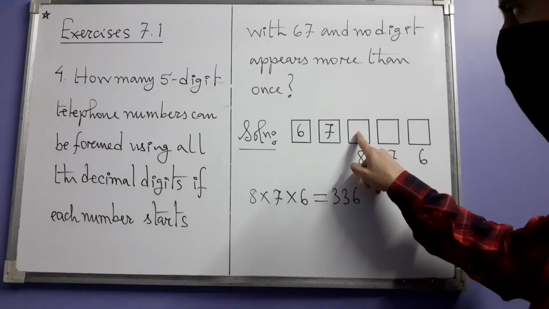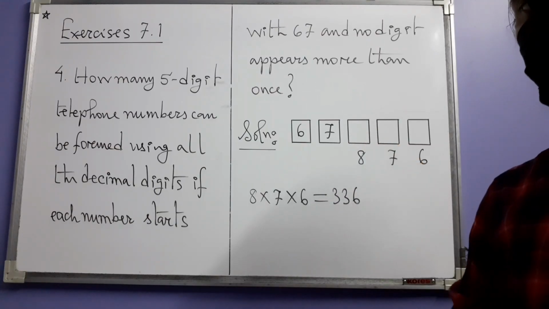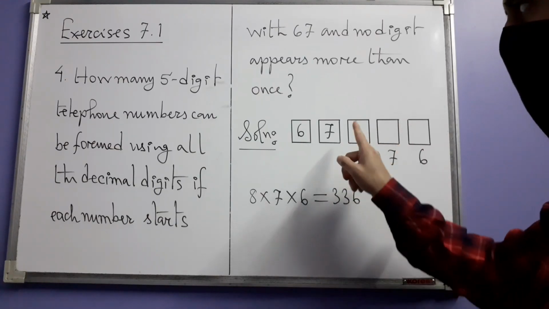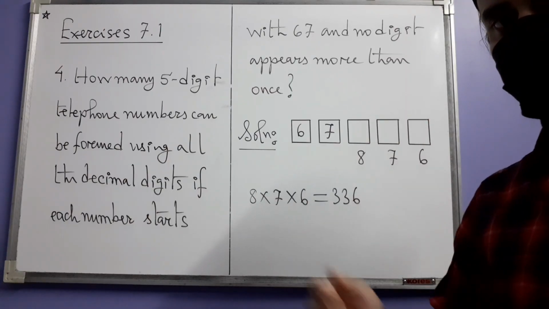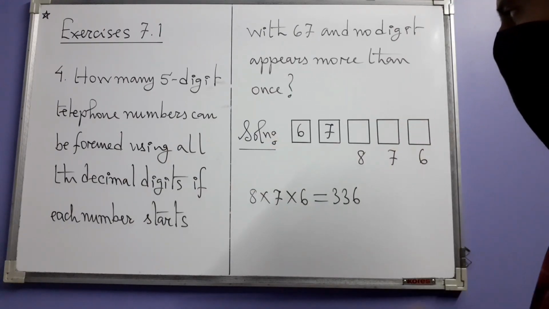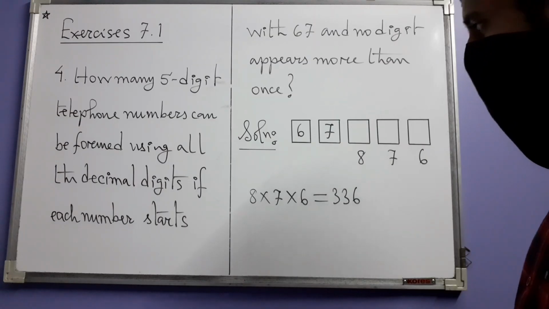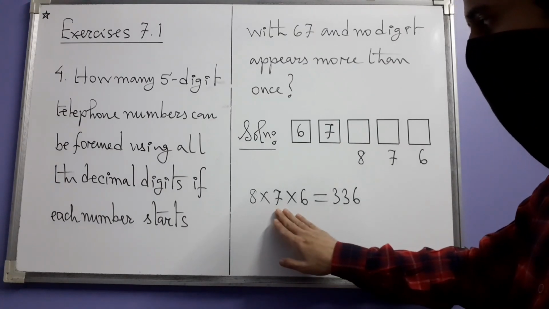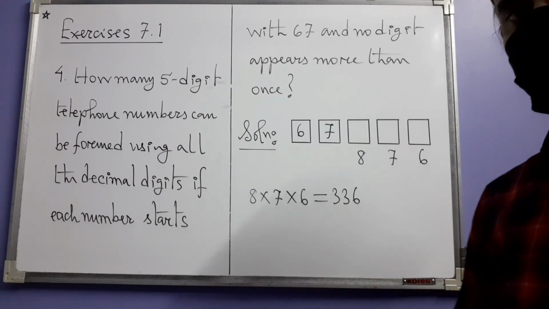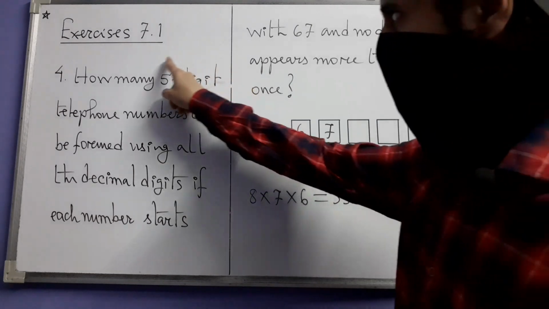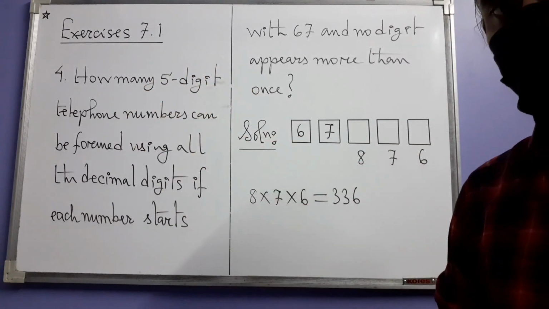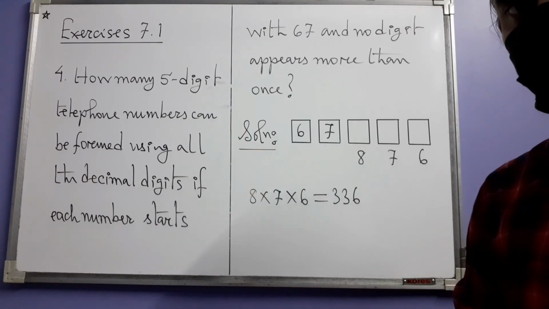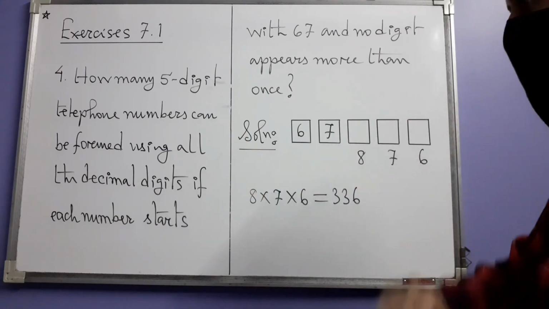So for the third place we have 8 options, and once you have chosen something for the third place, you have 7 options left for the second place, and similarly 6 options for this final place. So the total number is 8 times 7 times 6, which is 336. The 5 digits are there to throw us off, to confuse us. Actually, it's just this much.